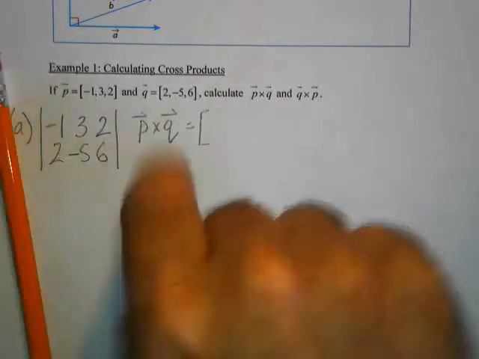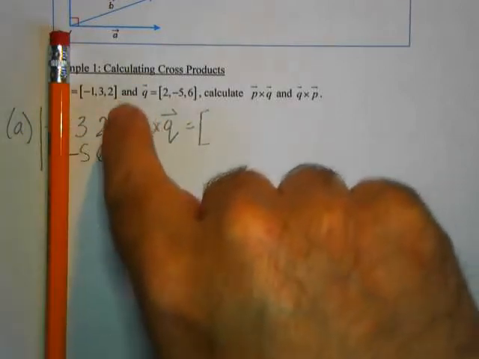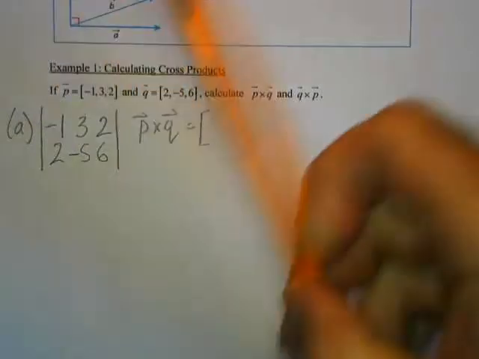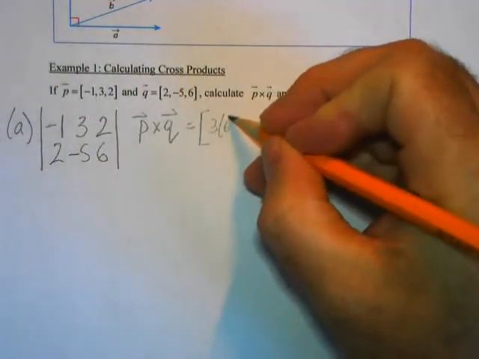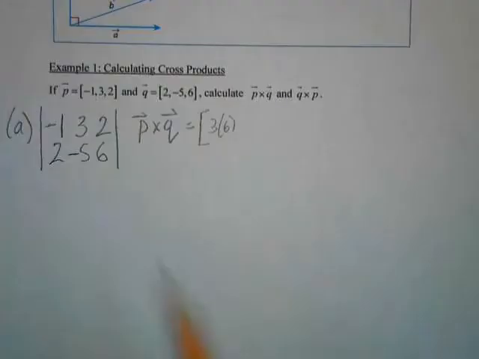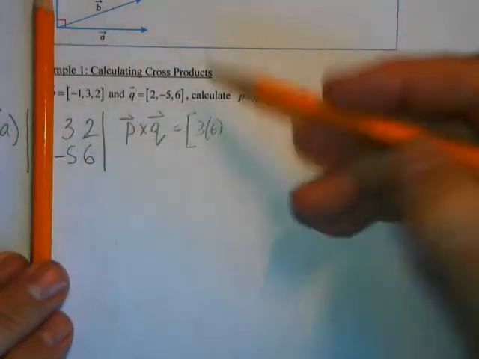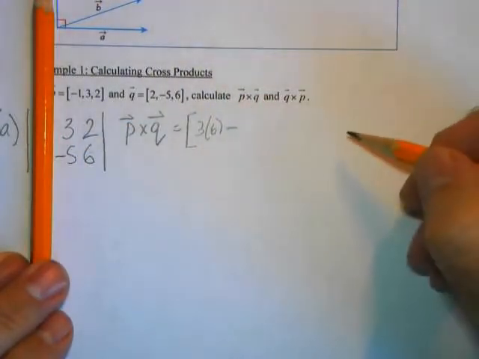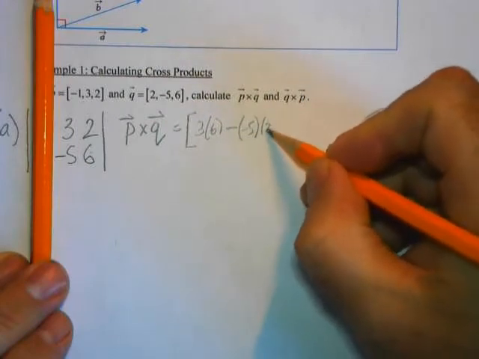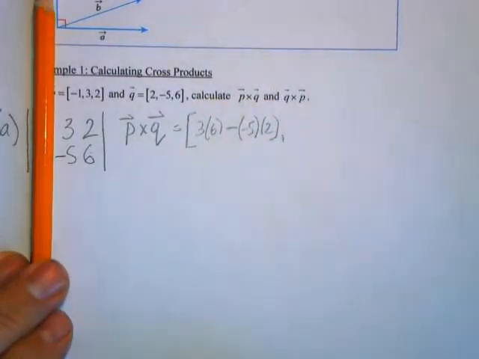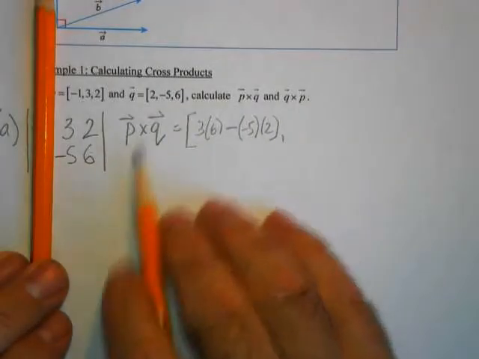So it's this product minus this product. So when I write that out in the long form, it's 3 times 6, and then you always subtract -5 times 2. And that result will be the x component of this cross product.